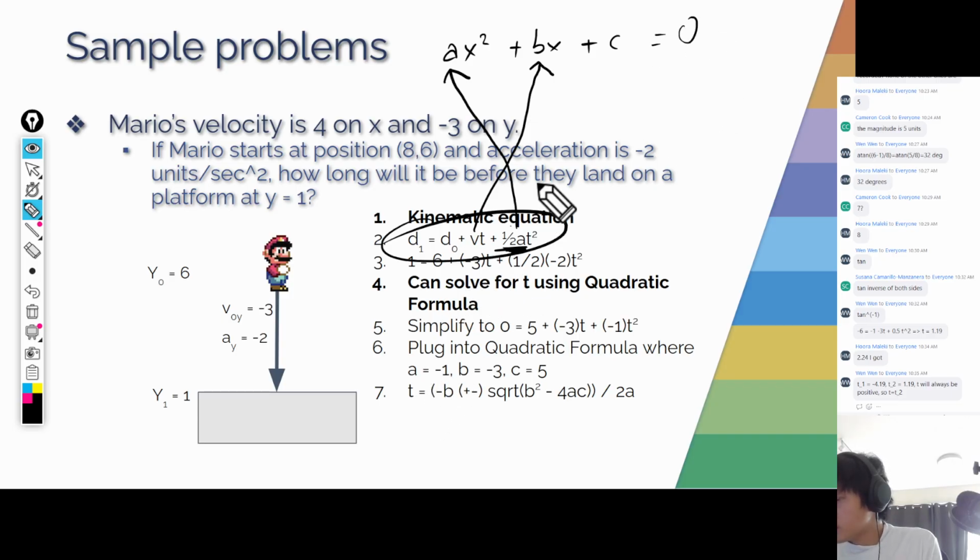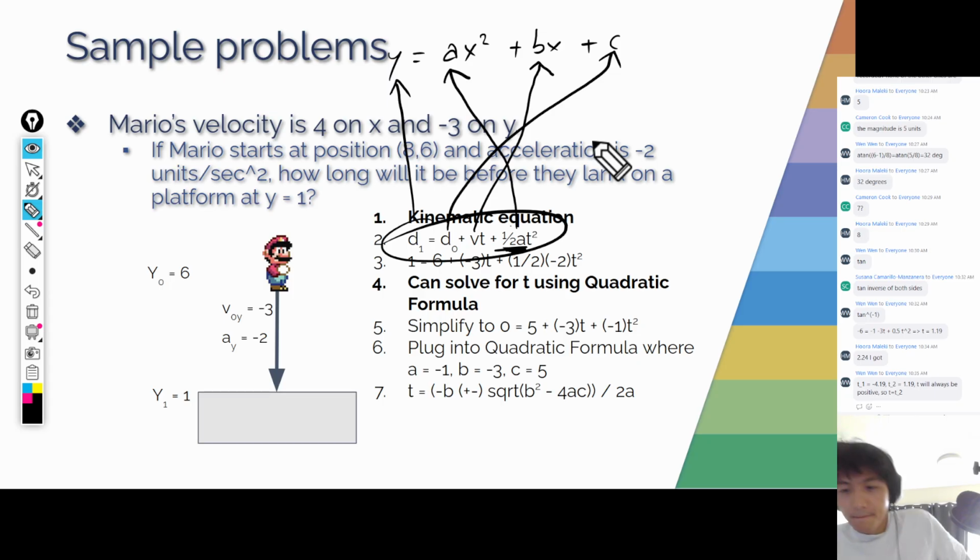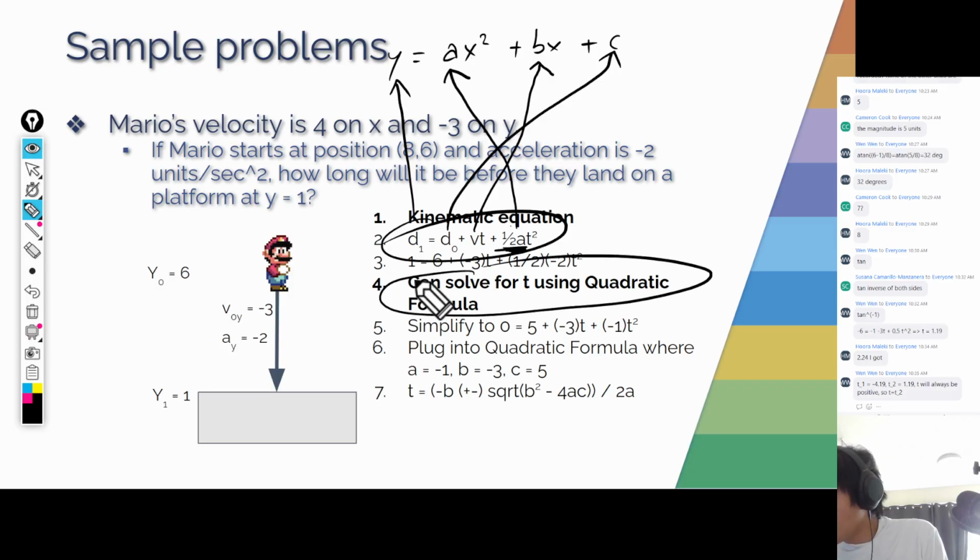Well, we do equals 0, or equals y, so we could say y equals that, and then this is c. So using the quadratic formula, we have to make it equal 0.